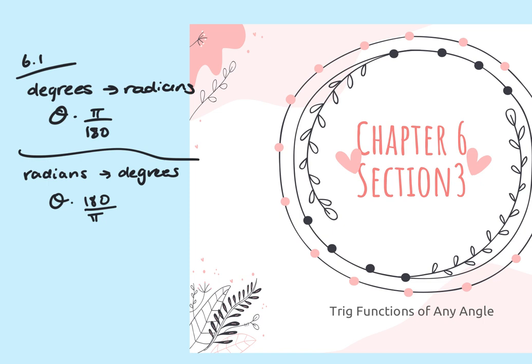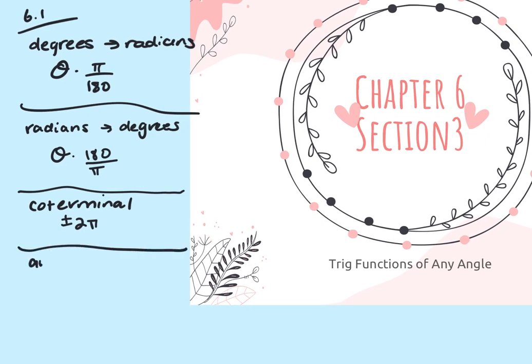We said just because it has or doesn't have pi doesn't mean it's in degrees. Degrees has to have a degree symbol, and if it doesn't, then it's in radians. We found coterminal angles in radians by adding and subtracting 2 pi, because that's a full circle, just like 360 degrees would be.